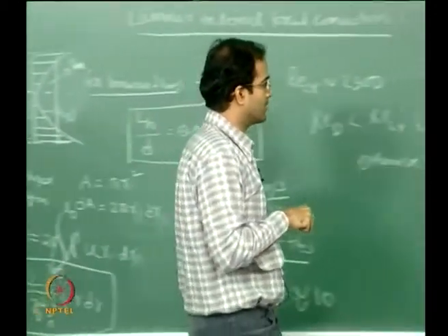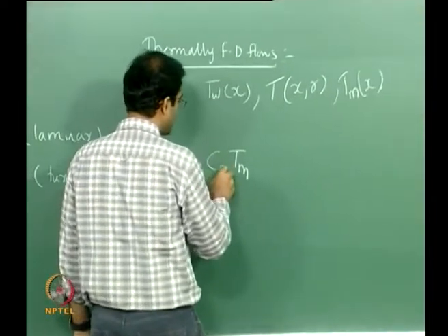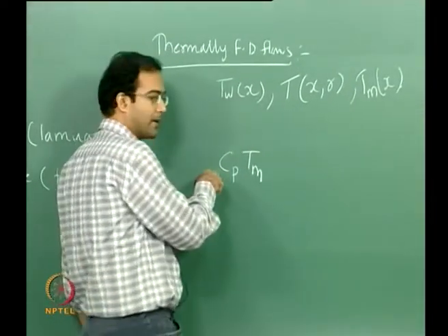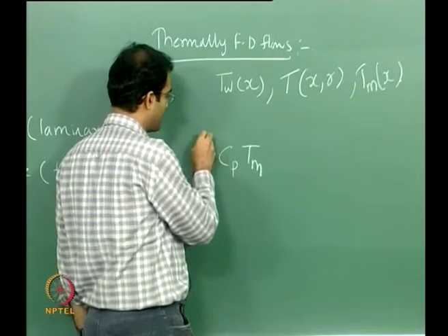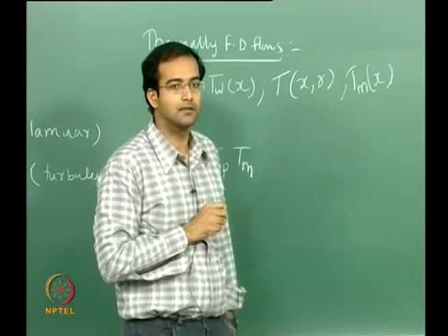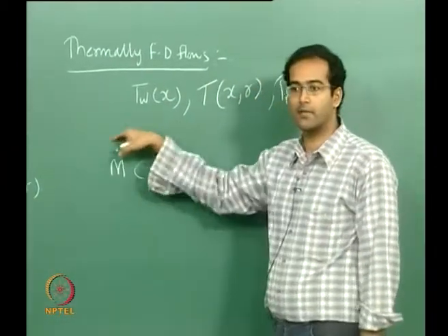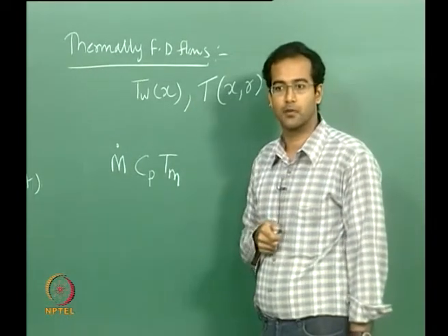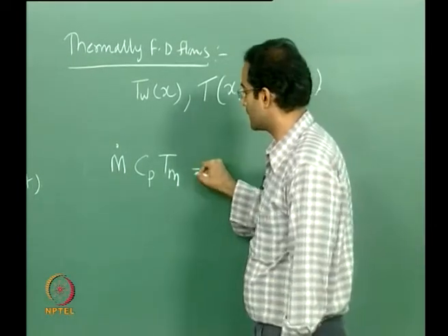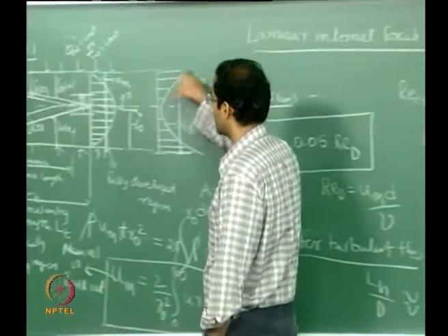So how do you now define enthalpy? Based on the temperature, Cp T. Now this is the specific heat capacity, so the total enthalpy will be, you have to multiply by the mass flow rate. Now this is the average enthalpy if you replace the temperature profile with the uniform profile, correct? Now that should be equal to the enthalpy of this varying profile.